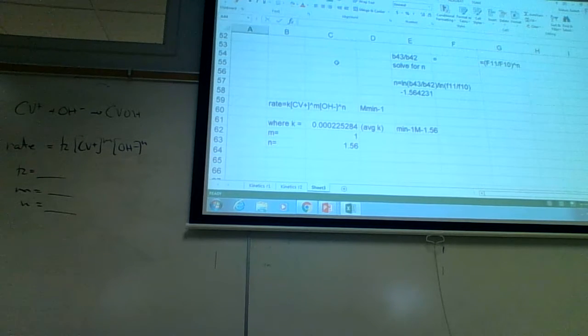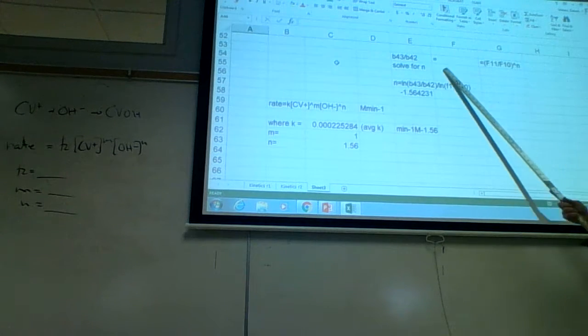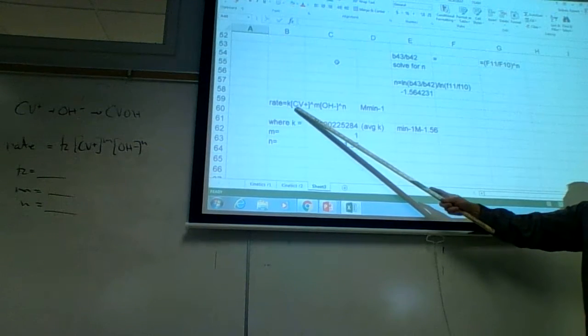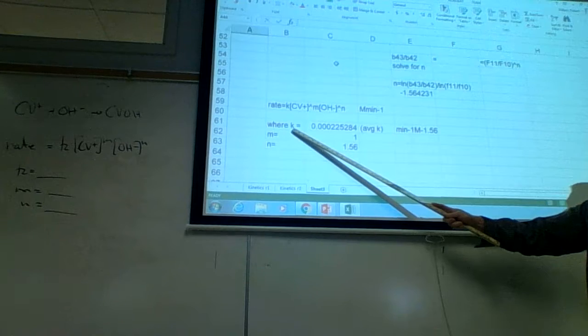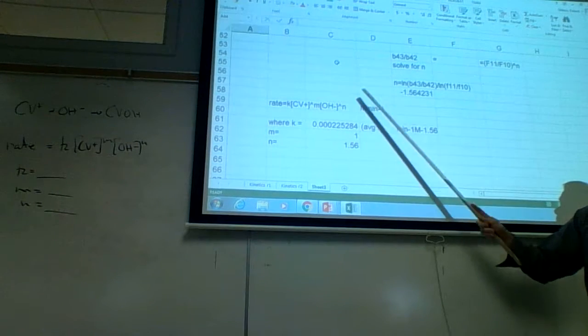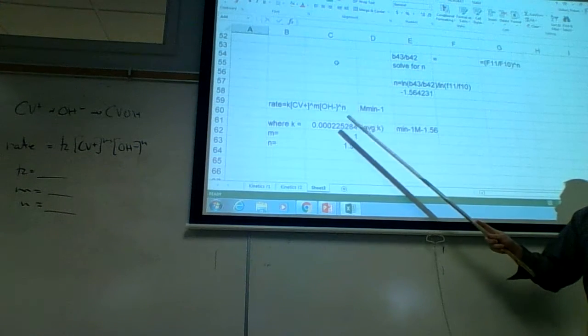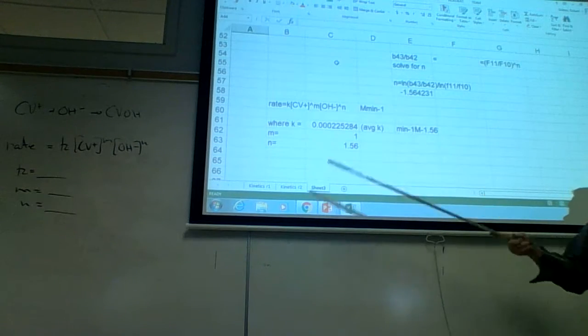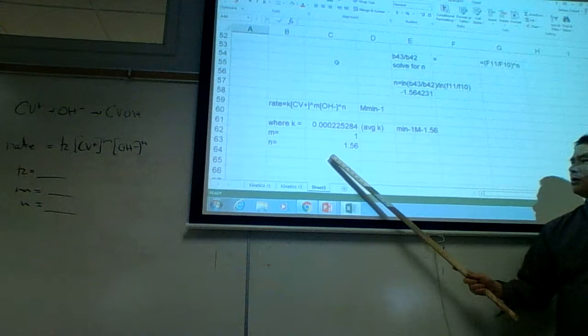I'll skip the details. And so then we come up with this. Once we have this information, this is what we get: k is going to come from the graphs. The graphs are going to give us k prime, and then k we're just going to solve based on what we define as k prime.